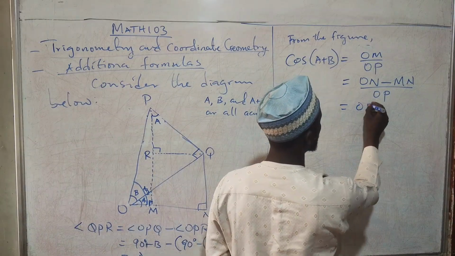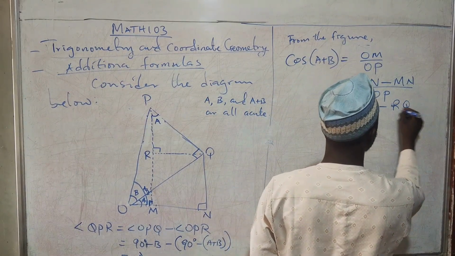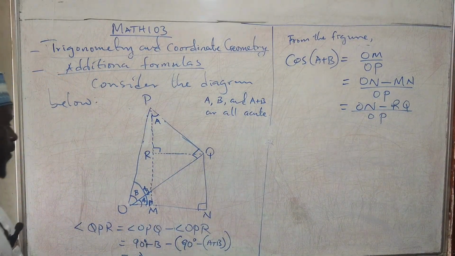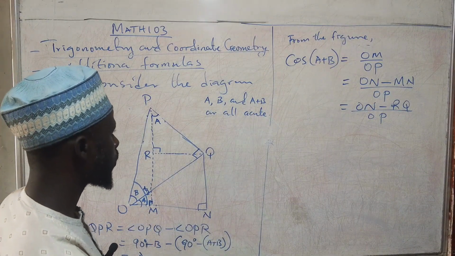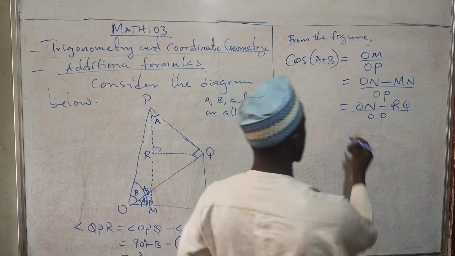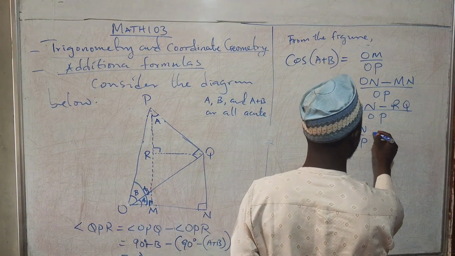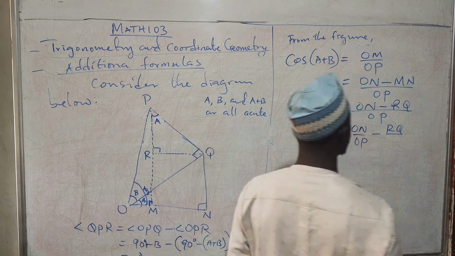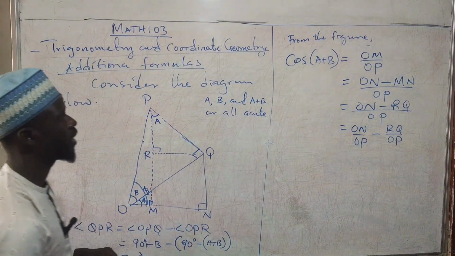So this is equal to ON minus RQ over OP. Okay. So I can now separate. I can say ON over OP minus RQ over OP. Common denominator, so I can separate.